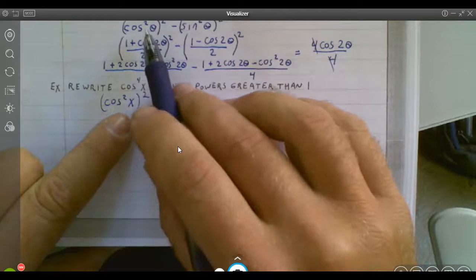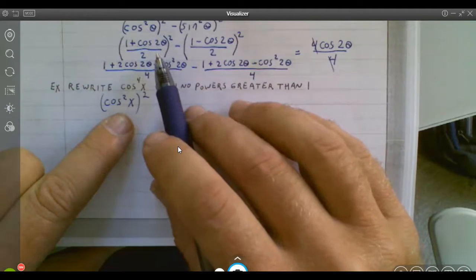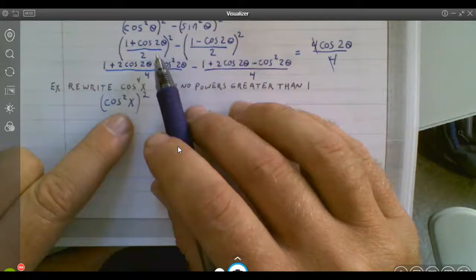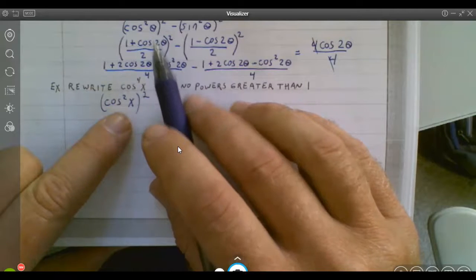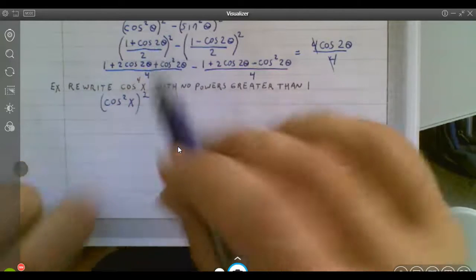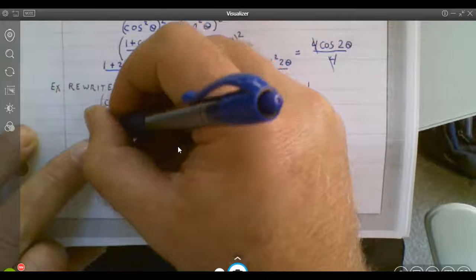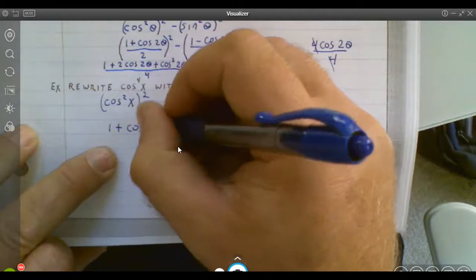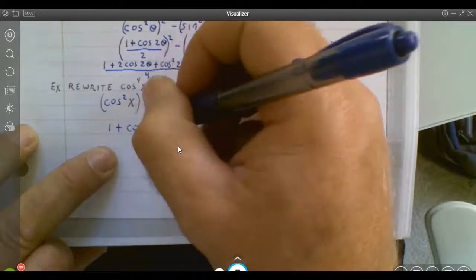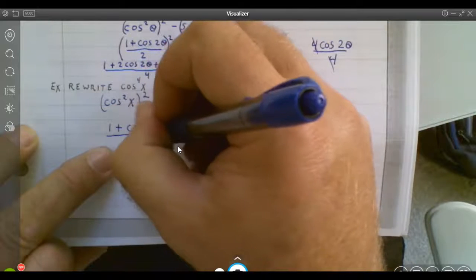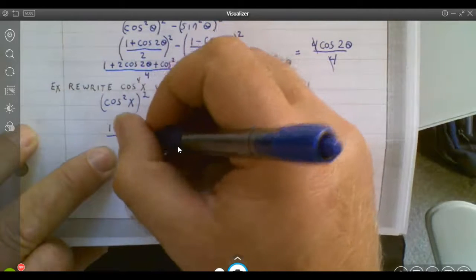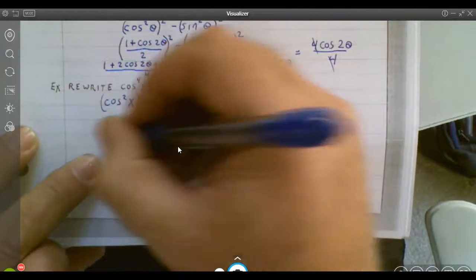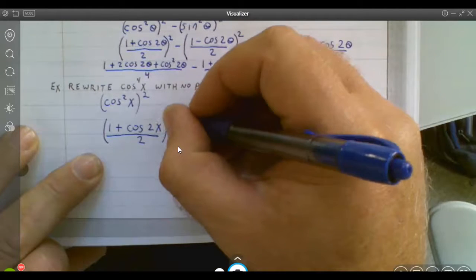So when we had the cosine squared, we were able to sub in this formula. So I'm going to do the same thing on this one. So I'm going to replace this with the power reducing formula of 1 plus cosine 2x all over 2, and that is still a quantity squared.